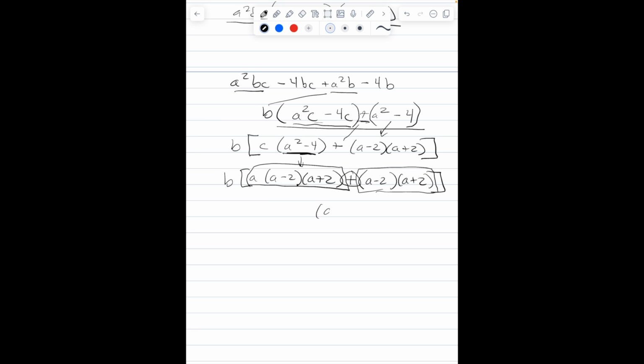So we can factor out a minus 2, a plus 2, because each of these has those. Don't forget the 1 that is to the right of this plus sign and in front of the a minus 2. We have to keep that 1, and we have to keep, there's a c that I left hanging somewhere.